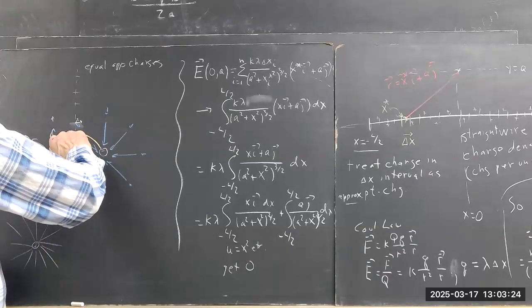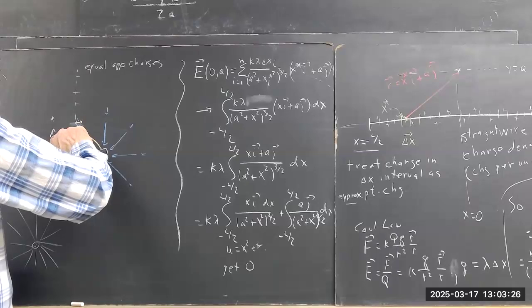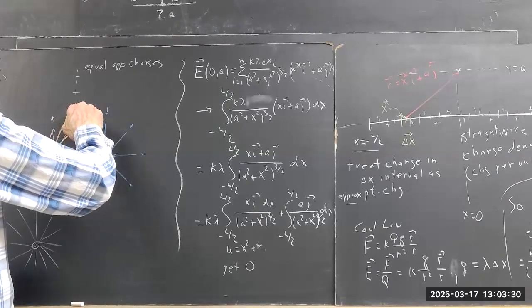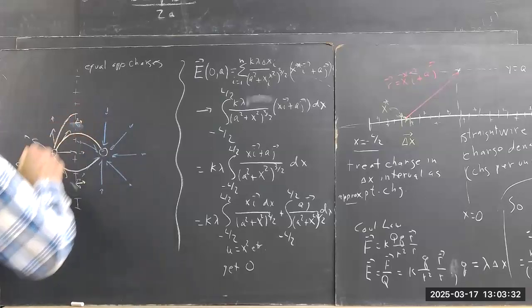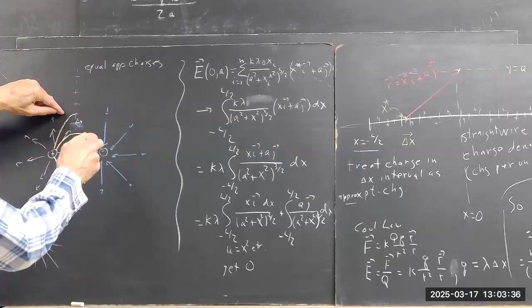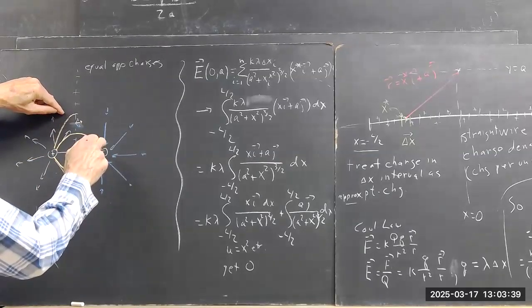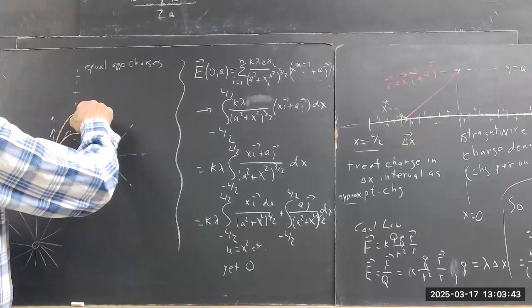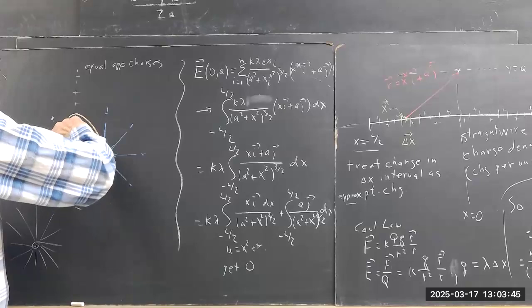If I go up here, it takes a while before this point is far enough away from this charge that the attraction you get from this charge has a big effect. So it's going to be a little more like this.